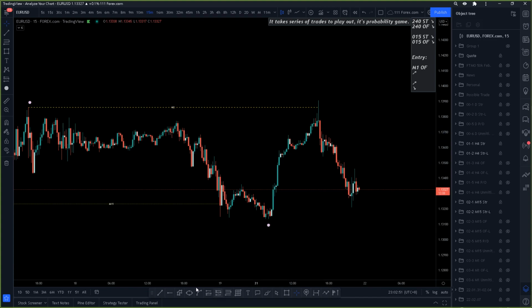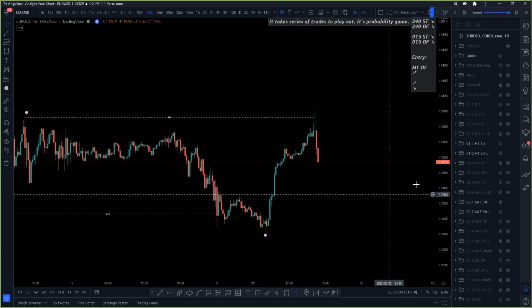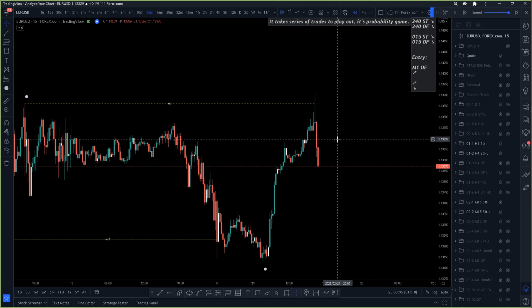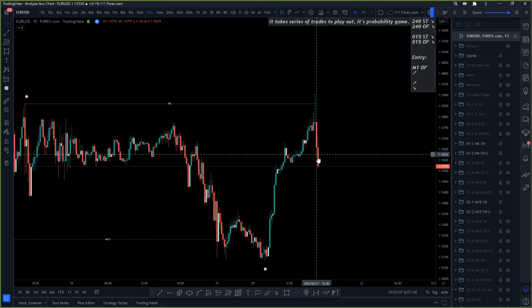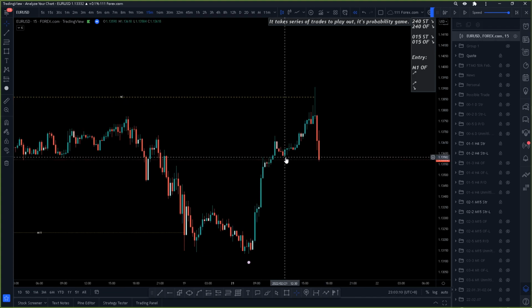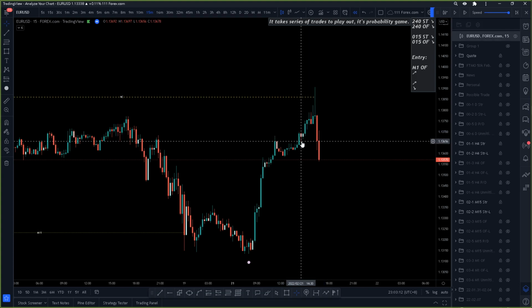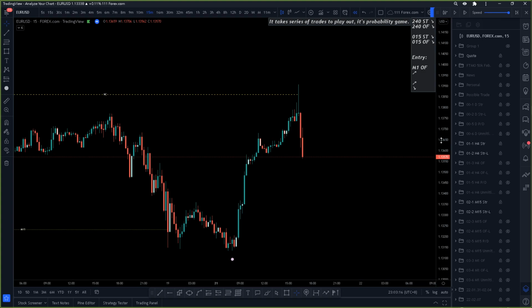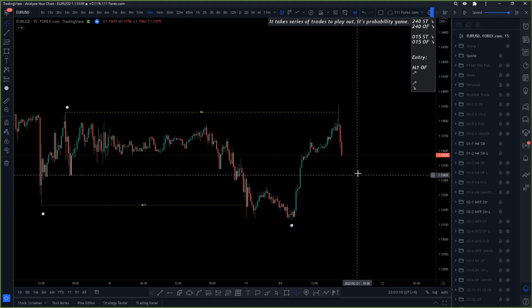Let me see if I can't find any entry here. Like in this place, but we can say here's my choco. Here was my change of character.